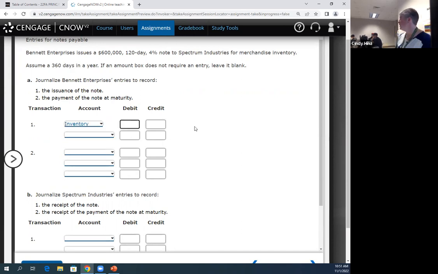It says for merchandise inventory. Spectrum delivered to us, allowed us to purchase $600,000 worth of inventory. And just as a reminder from chapter 6, we can tell that this company uses a perpetual inventory system because they're adding or debiting that inventory directly to the inventory account.